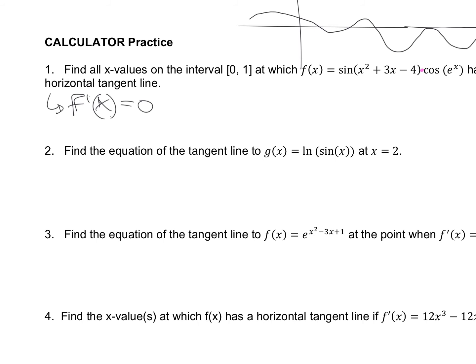If you go to alpha f4, there's a shortcut. Alpha f4? Yes. It gives you a list of y1 through y9. You want it to find the derivative of y1. So it needs to be d/dx, y1, and x equals x.